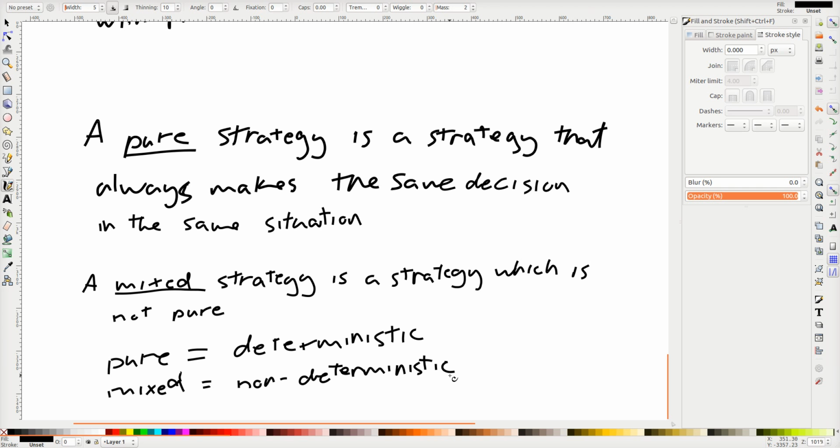So a mixed strategy is one that has inherent randomness in it, whereas a pure strategy is one which doesn't have any inherent randomness in it. Pure strategies always do the same thing when they're in the same situation, and with mixed strategies, even when you find yourself in the same exact situation, you can make different decisions.